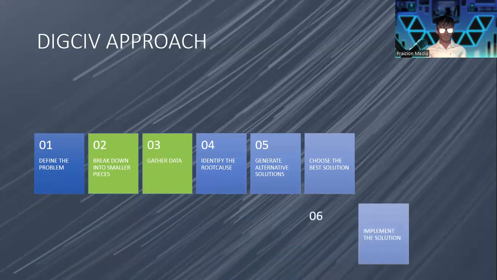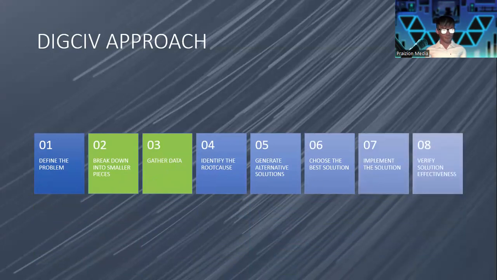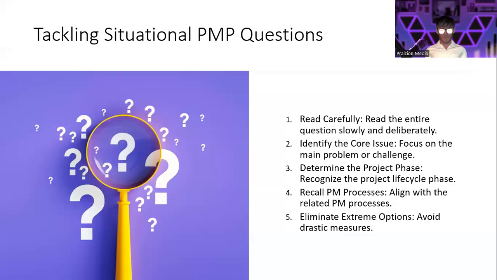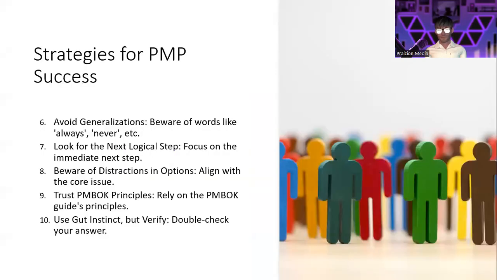Okay? In the real world, you would implement the solution and verify solution effectiveness, but I want you to do that in your head. Go back and ask the question, did I really choose the best option? Does this make sense? Is this correct? Always remember to read slowly and identify the core issue. Determine the phase you're in. Recall those processes and make sure you are eliminating any extreme options. You're always going to get the crazy options.